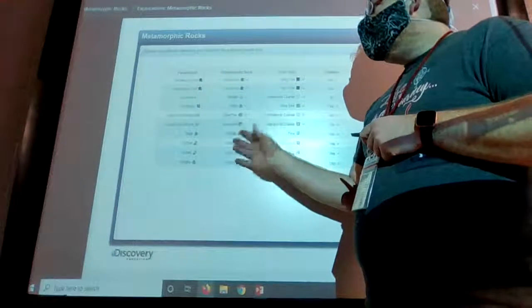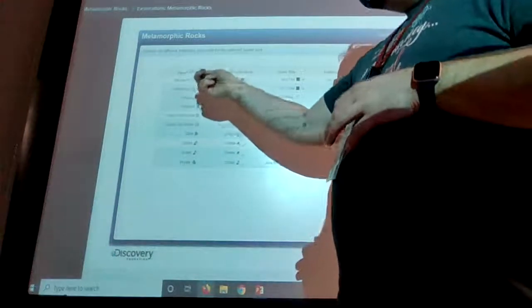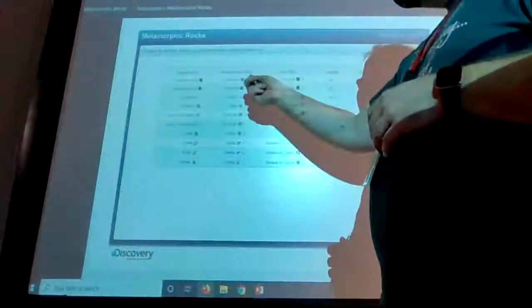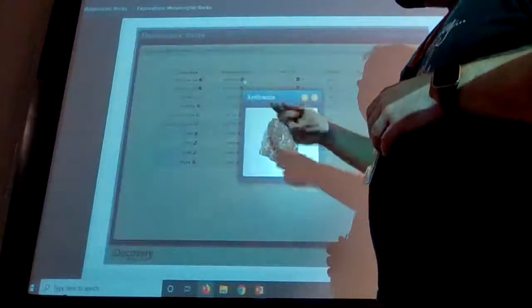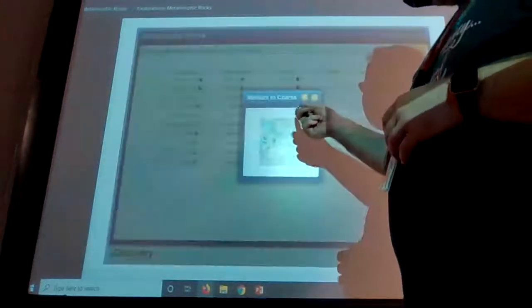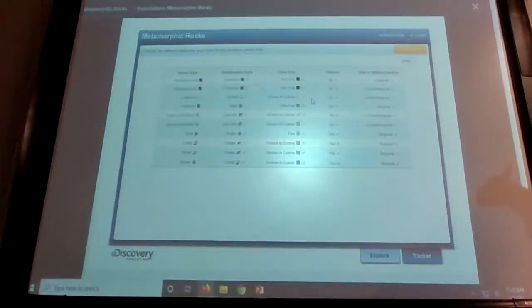No, they don't. These are the rock names. Can I click on this? Bituminous coal. Anthracite coal. What do you want from me? Okay, so let's just look at some of the names. That's not going to be great. Let's just put some of them in here.